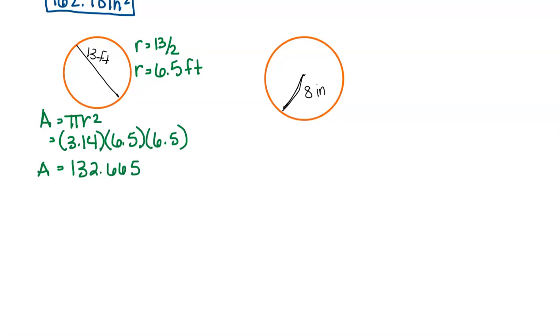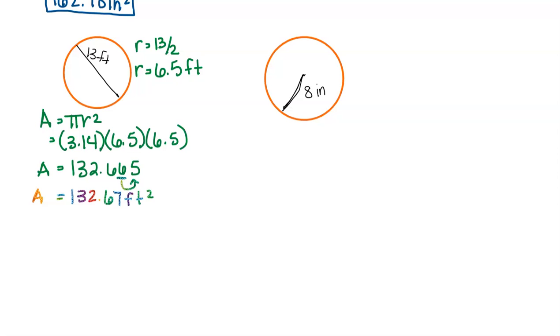Okay, awesome. So I've done some of the work. For the first one, I found that the radius is 6.5. Remember, we're finding the area. So I get, again, that really big number. I want to take my hundredths place, the second one, and I'm looking to the right. Because this is 5 or higher, this tells me this 6 needs to become a 7. So this is really going to be 132.67 feet squared, and that is my area, because we had to round it.